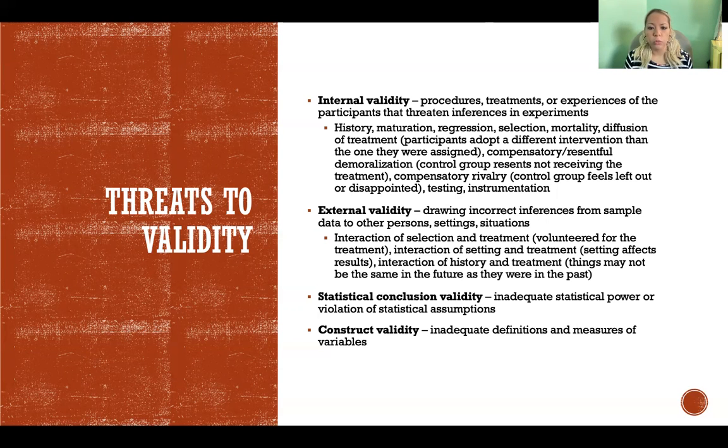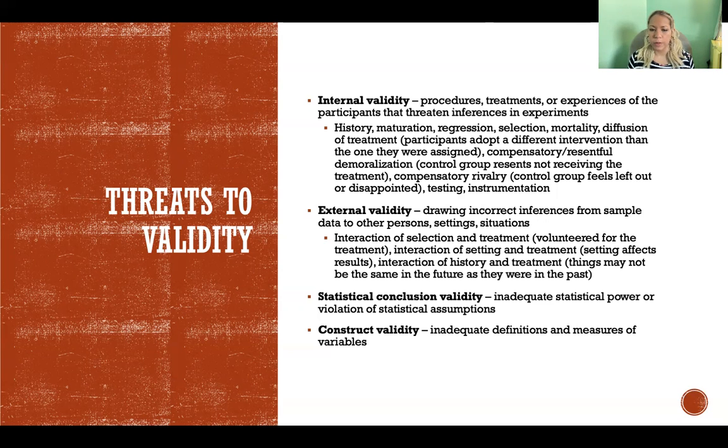Like we assume that there's a normal distribution of certain traits among the participants in your group. And if it turns out that there isn't a normal distribution, that's an example of a violation of statistical assumption.